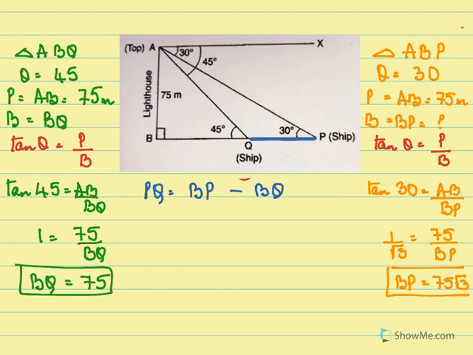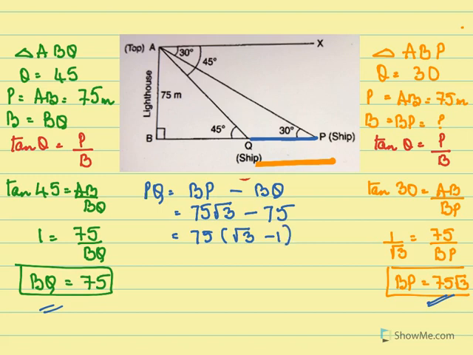You'll definitely agree PQ will be this entire BP, from which we subtract BQ, and that's how we'll get PQ. We found BP is 75 root 3, minus BQ is 75. So I take 75 common out, root 3 minus 1. So this is the distance between the ships, which is 75 times root 3 minus 1 meter.